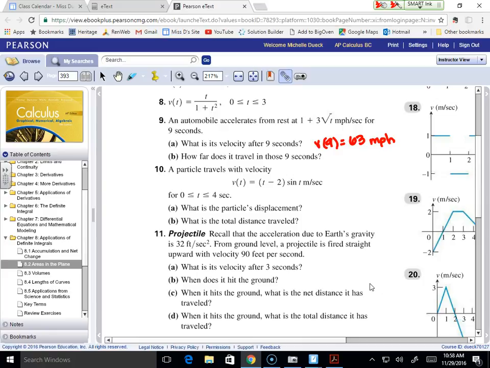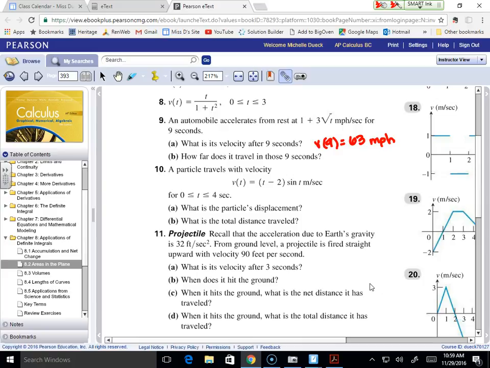We're given acceleration. So if we're given acceleration, we'll think how far does it travel in those 9 seconds? Are they asking for displacement or total distance traveled? Yeah, total distance traveled.